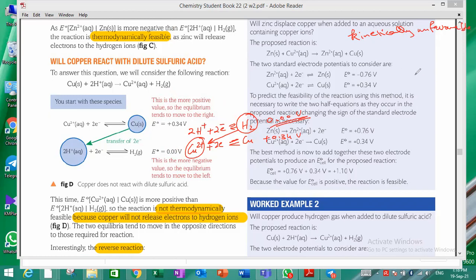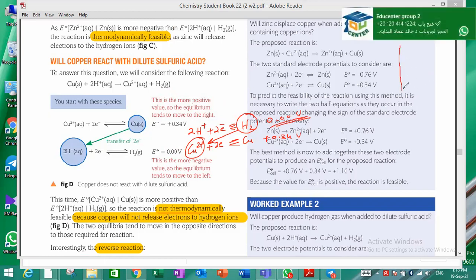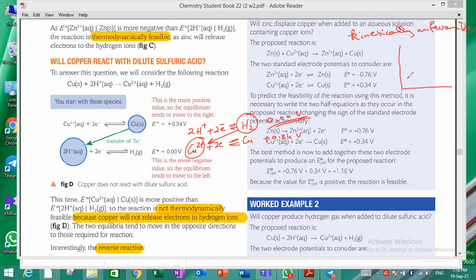What do we mean by kinetically unfavorable? If you remember, when we used to draw the energy level diagrams, we used to find what we call the activation energy, and the reactants should have energies equal to or greater than the activation energy in order to form the products.